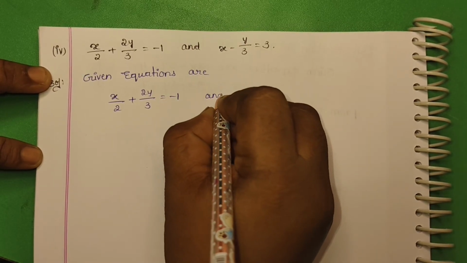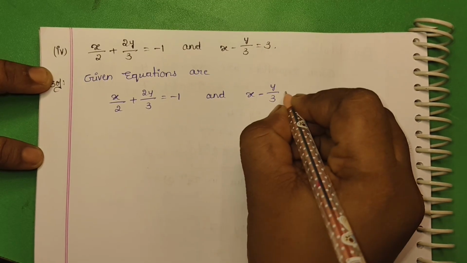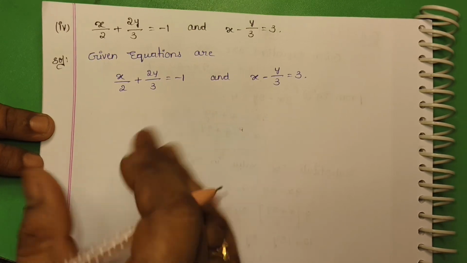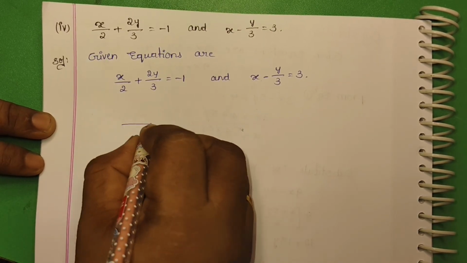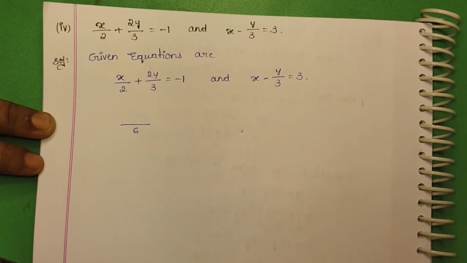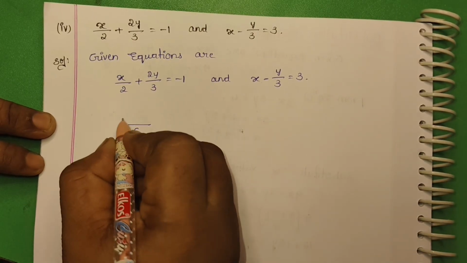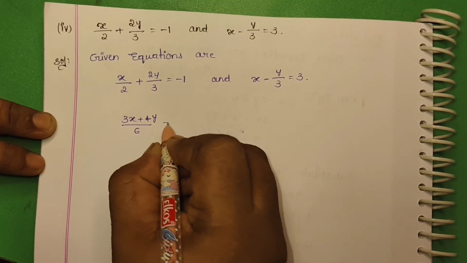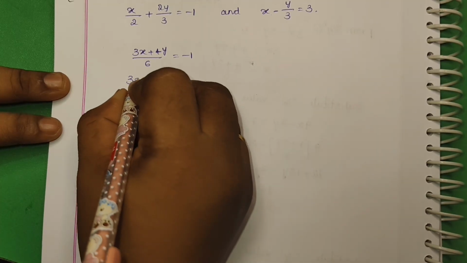So here x by 2 plus 2y by 3. This is the fractional term. Observe the denominators 2 and 3, consecutive numbers. Whenever we have consecutive numbers in the denominator, just multiply them for the LCM. 2 threes are 6 in the denominator.